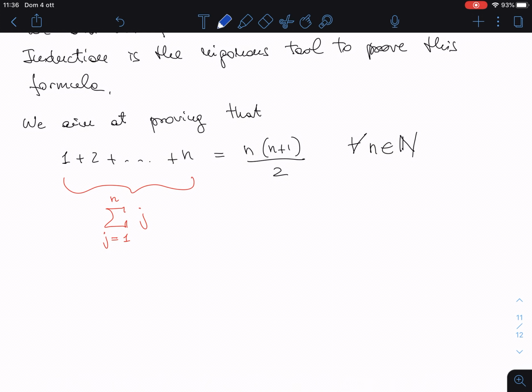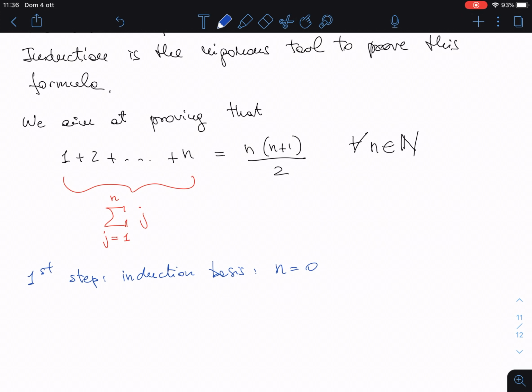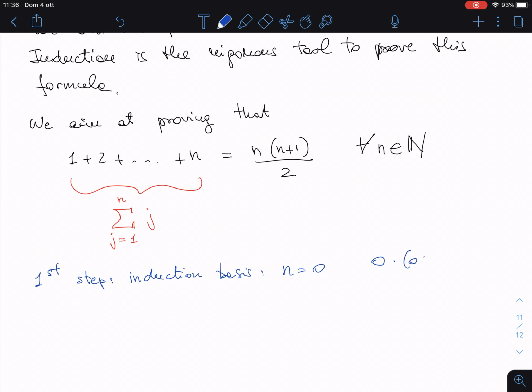The first step is the so-called induction basis. N equal to 0. Sometimes one starts from n equal to 1, because the sum of the first 0 numbers is not so meaningful. However, we have that 0 times (0 plus 1) divided by 2 is equal to 0, and it is acceptable that the sum of the first 0 numbers is 0.